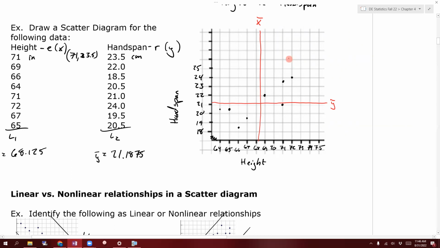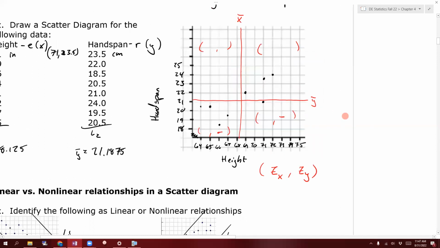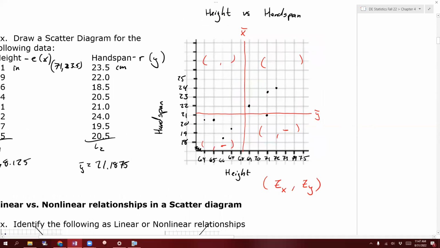So if I'm creating a sign graph for these quadrants, anything down here is going to have a negative z-score. So I'm essentially creating signs for z sub x and z sub y. Below the y average, they're both negative. Above the average y, they're both positive.